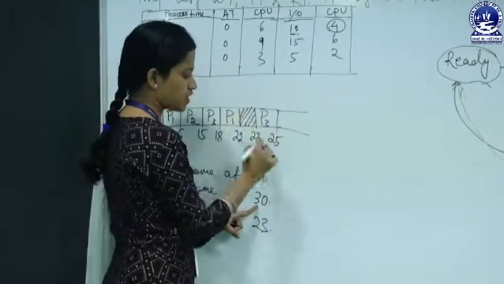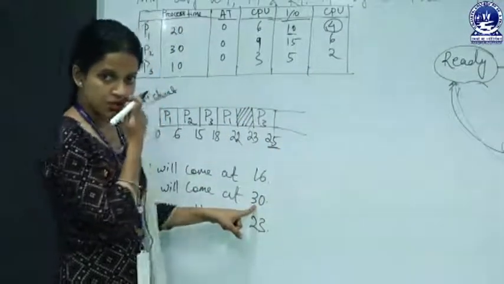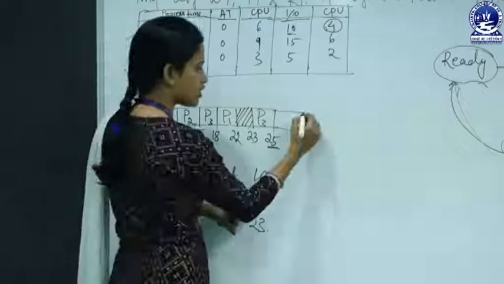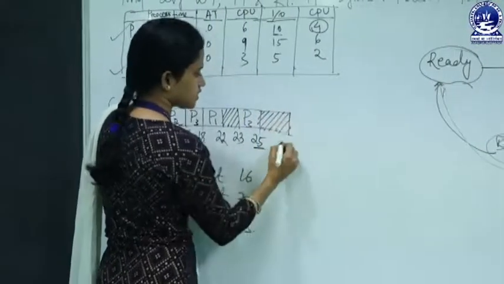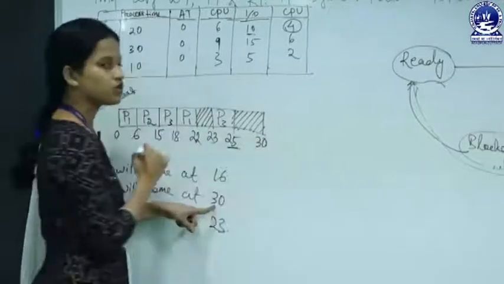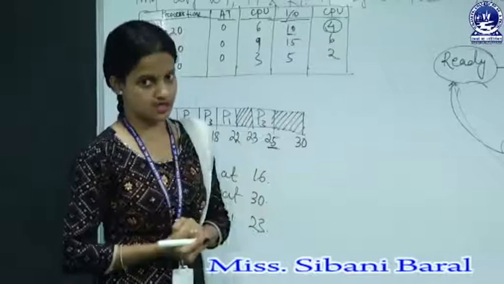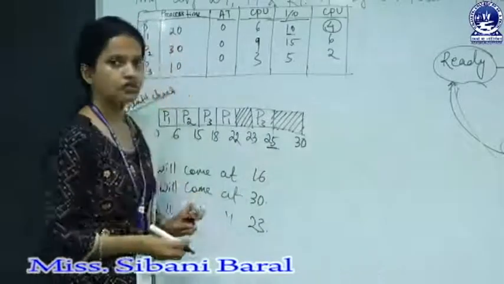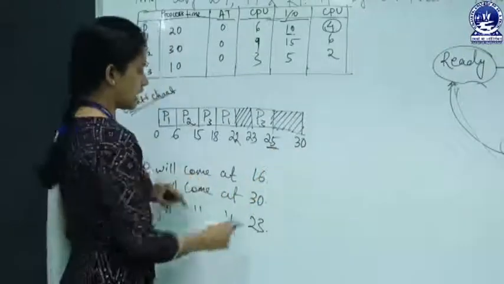But now the time is 25. So now CPU will be idle. For how long? Until 30 units of time. CPU will be idle because we have no process in the ready state. Okay. CPU has to be idle for 5 units of time.